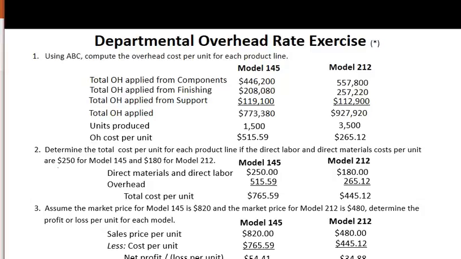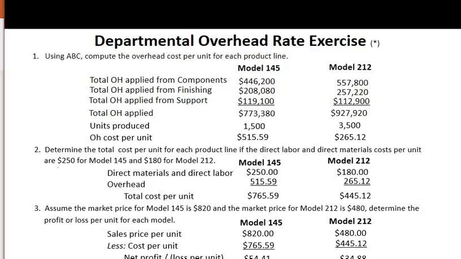On the other hand, model 212, which produced losses under those two previous methods, under activity-based costing, based upon the activities model 212 uses, makes a profit of $34.88.